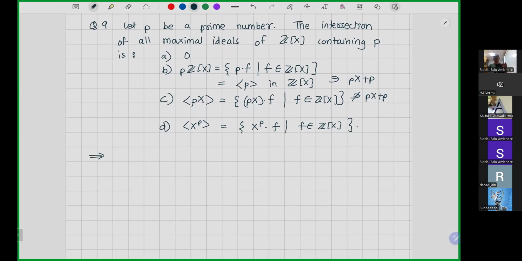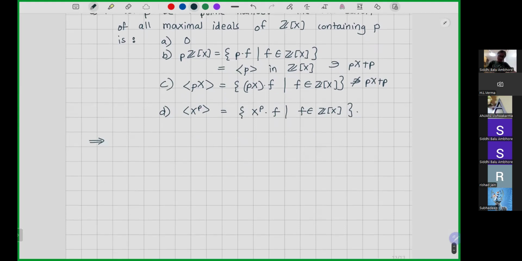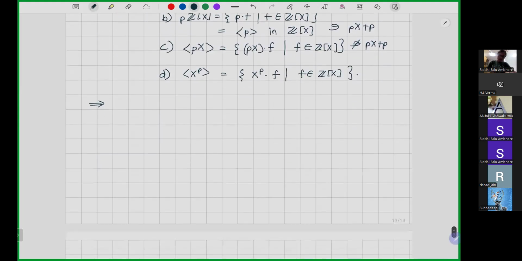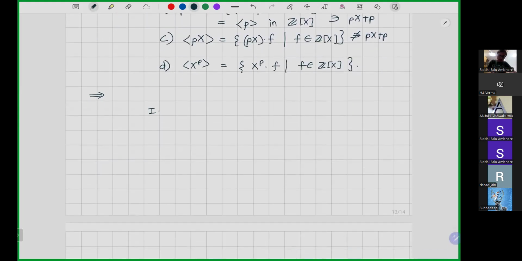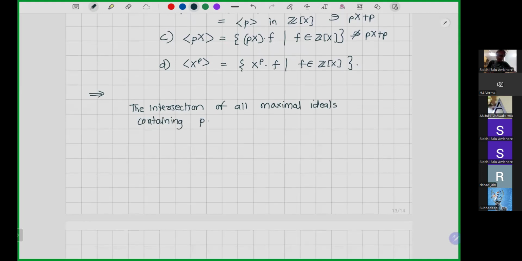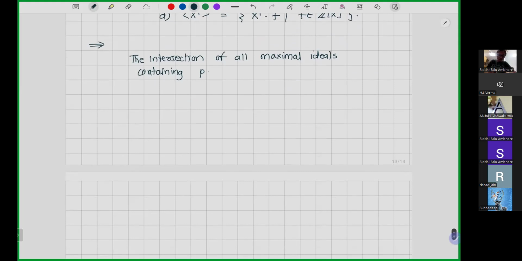Can someone suggest why the first one is not the answer? Well, let me just write. So this is an intersection. We are talking about the intersection of all maximal ideals containing P, right? Since it is an intersection of ideals, it has to be an ideal.